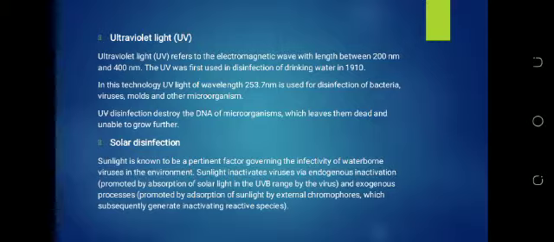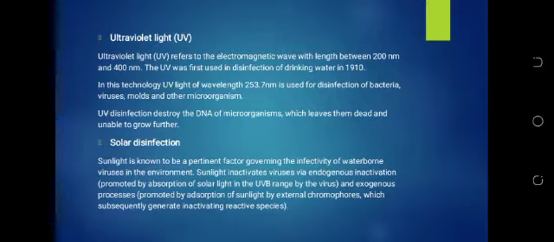In this technology, UV light of wavelength 253.7 nanometers is used for disinfection of bacteria, viruses, molds, and other microorganisms. UV disinfection destroys the DNA of microorganisms, which leaves them dead or unable to grow further. This is a physical process.